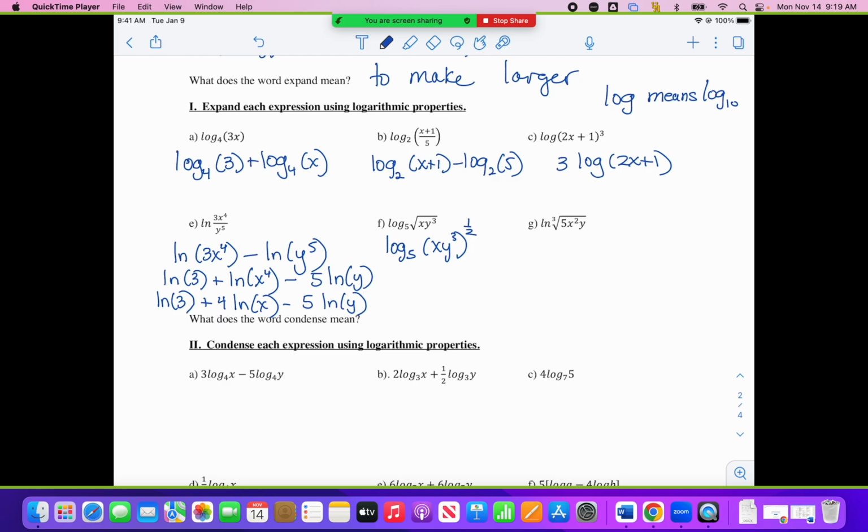So watch this. This is going to become 1/2 the log base 5 of xy cubed. And expand means you're going to keep expanding until you can't go any further. So now I'm going to have to put a parenthesis or a bracket, and this is going to be log base 5 of x plus log base 5 of y cubed.